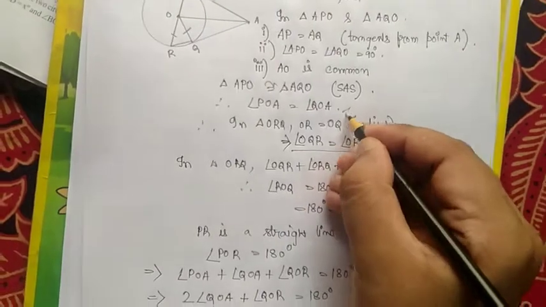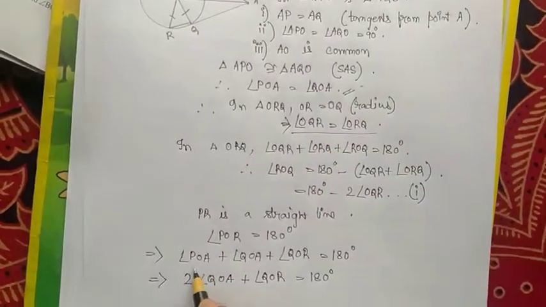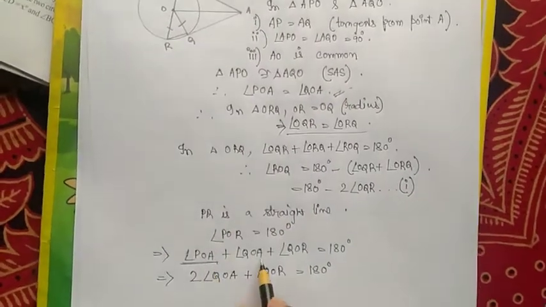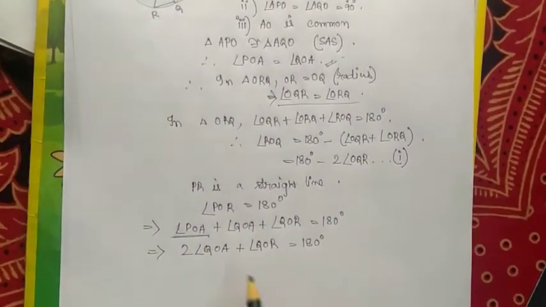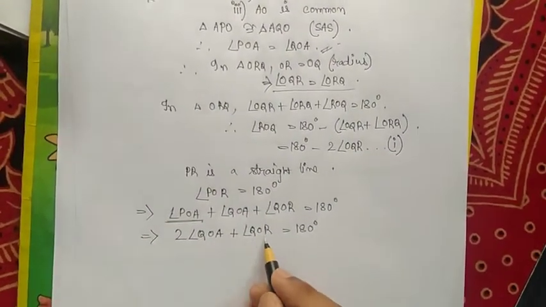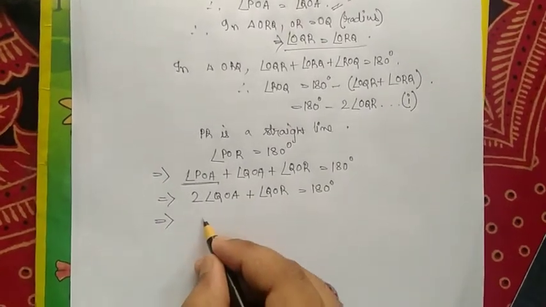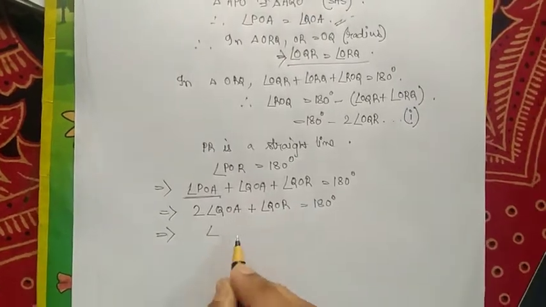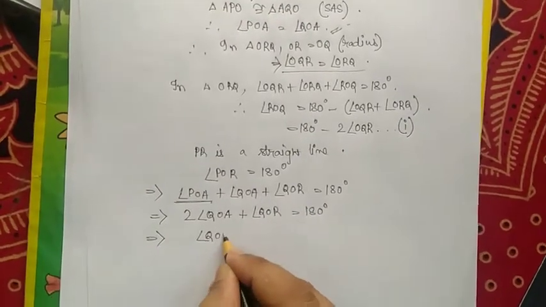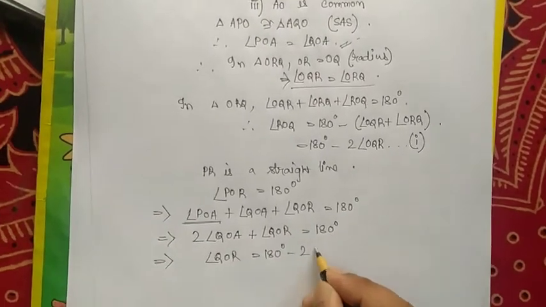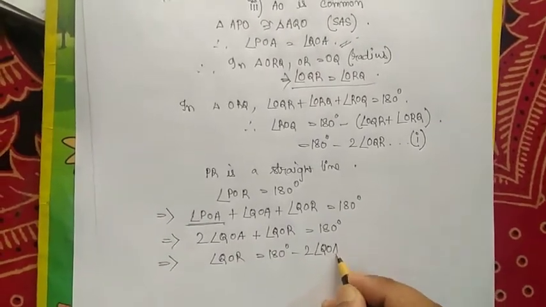Previously we proved that POA equal to QOA, therefore we can write in the place of POA, QOA, plus QOA. Therefore we can write 2 angle QOA plus angle QOR equal to 180 degree. So therefore we can say that angle QOR equal to 180 degree minus 2 angle QOA.